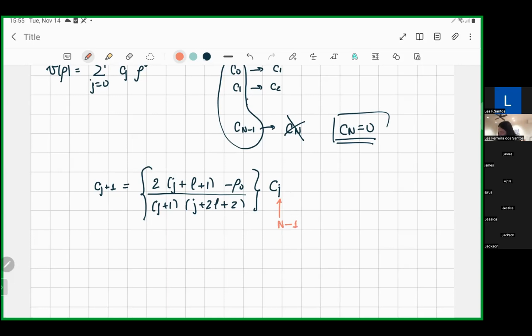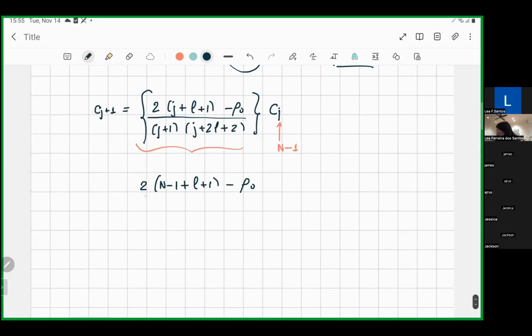So the numerator becomes 2 times n minus 1, and in the denominator, whatever is j, I'm going to put n minus 1.